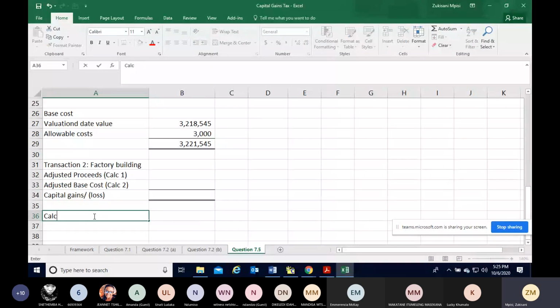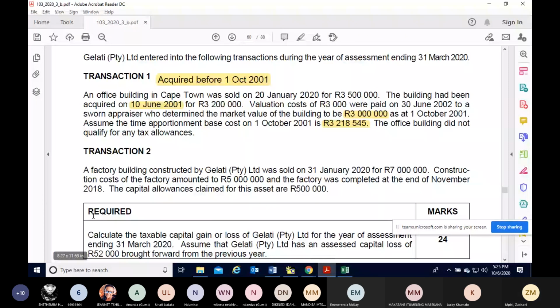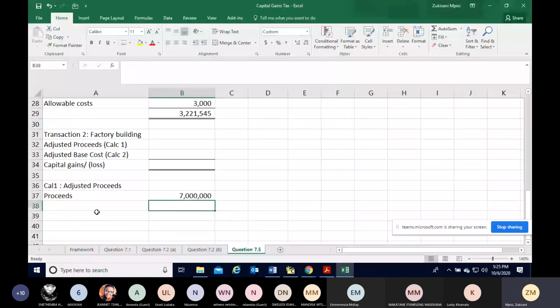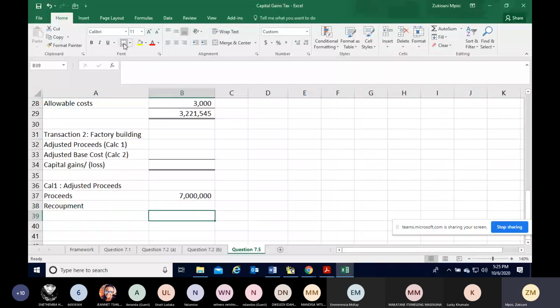Calculation 1, which is the adjusted proceeds. Here we've got proceeds given, 7 million. And we must now get recoupment in order to get the adjusted proceeds.